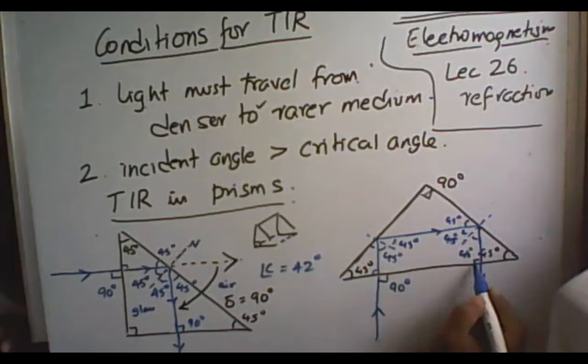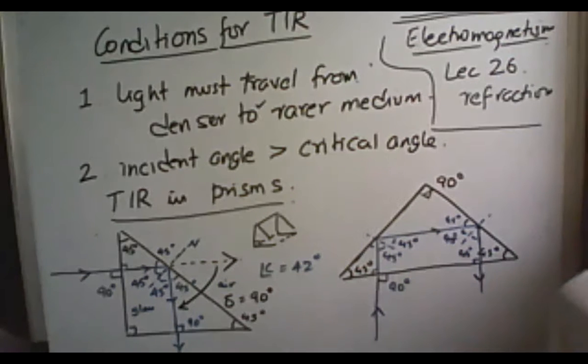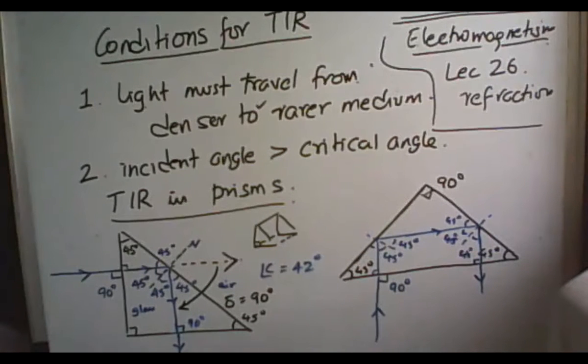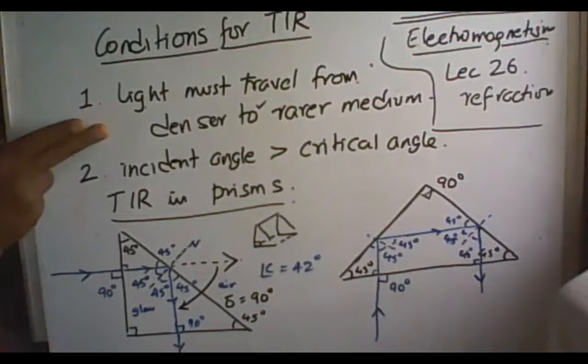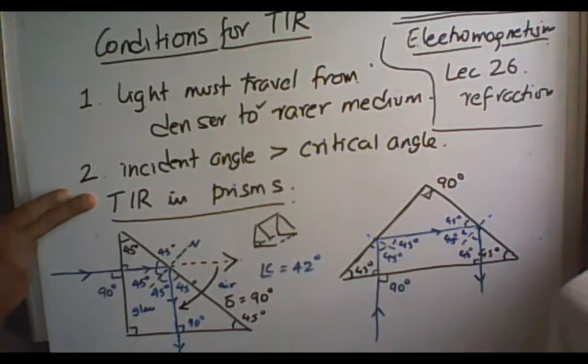Again over here, the angle of incidence coming from glass into air is 90 degrees. And when it strikes at 90 degrees, TIR won't take place, mind you. Even though it is light traveling from denser medium to rarer medium, the incident angle is not greater than the critical angle, right?